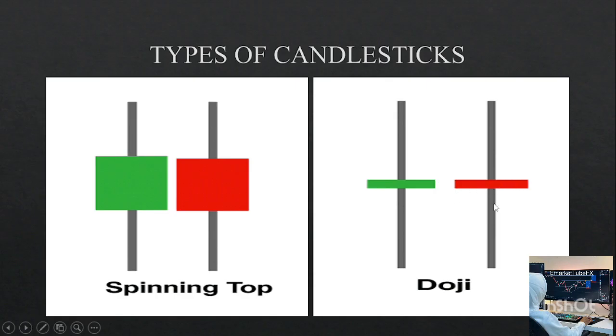When price actually opened here, sellers came in very strong and pushed the market to the low side. Then buyers came in also very strong, overpowered them, and pushed price back to where it opened.